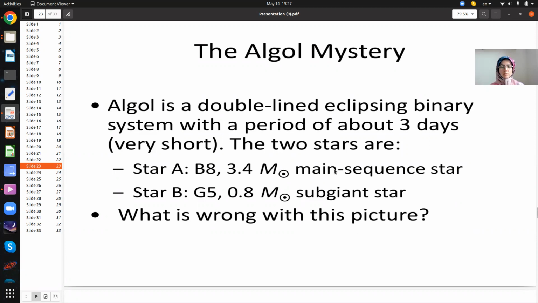Something is wrong with this picture, as you see. If it is 3.4 solar masses, why didn't it leave the main sequence, and it is still a main sequence star? Also, here the subgiant star has a mass of only 0.8 solar mass. Something seems to be wrong with this picture.